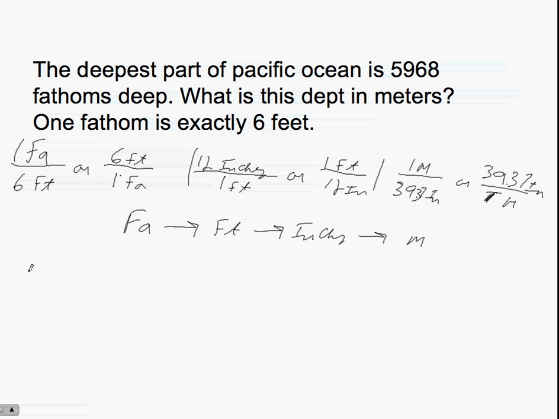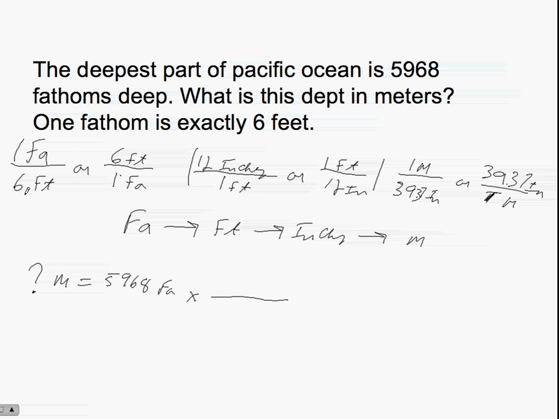When we set up our problem, we say how many meters is equal to 5,968 fathoms. And we have to use a relationship that will allow us to cancel out fathoms. Whatever you want to cancel out should always be in the denominator, and whatever you want to keep should be in the top.